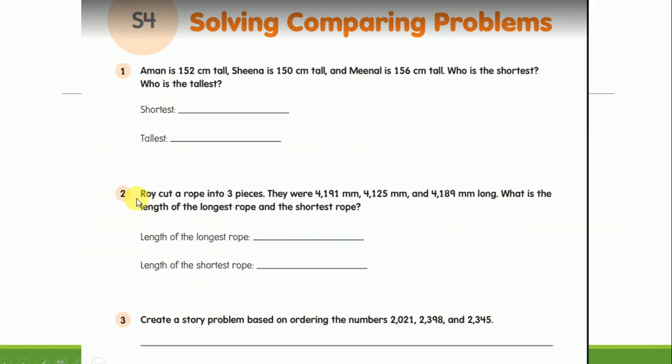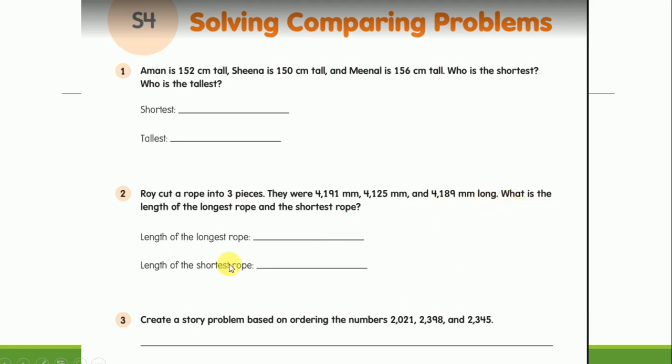Okay, next come to question number 2. Roy cut a rope into 3 pieces. They were 4191 mm, the second one 4125 mm, the next one is 4189 mm long. mm is also one of the units to measure length.